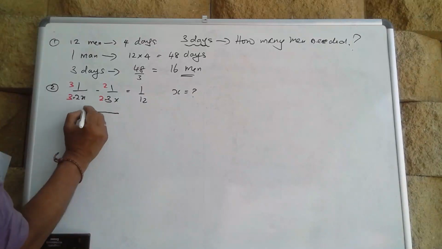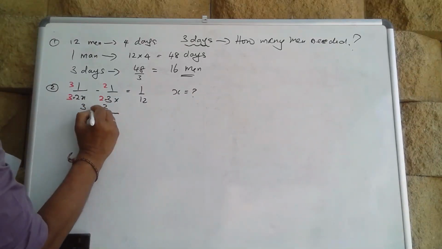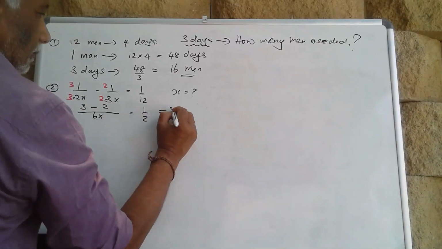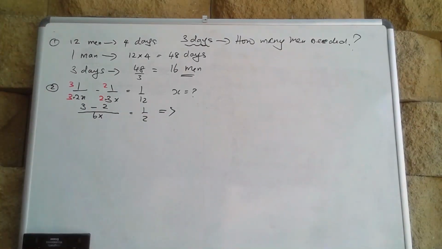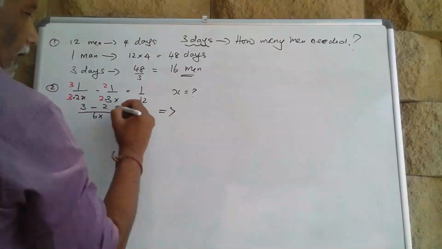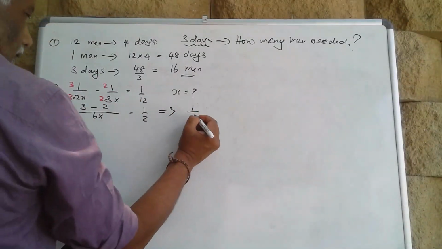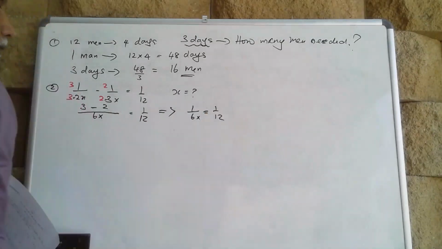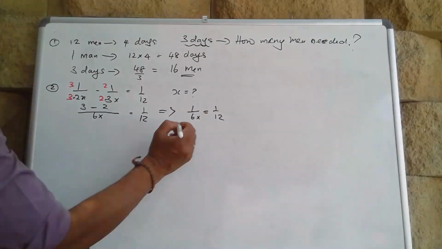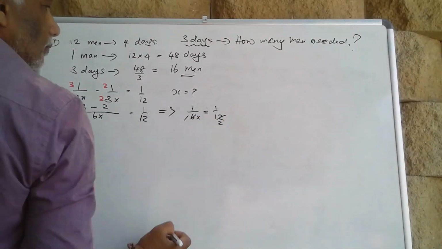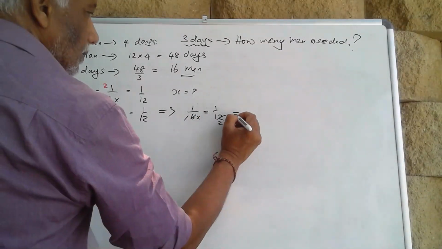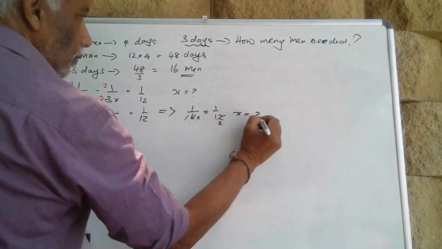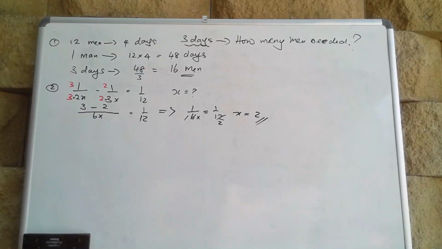Therefore 3 minus 2 over 6x equal to 1 over 12. 3 minus 2 is 1, so 1 over 6x is equal to 1 over 12. You can simplify this, 6 times 1, 6 times 2. Therefore, x must be equal to 2. That's the answer for question 2.